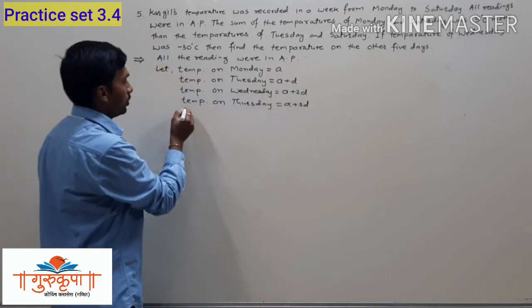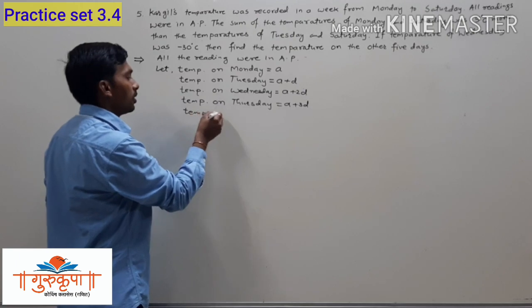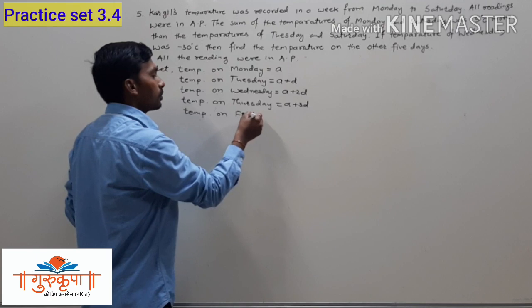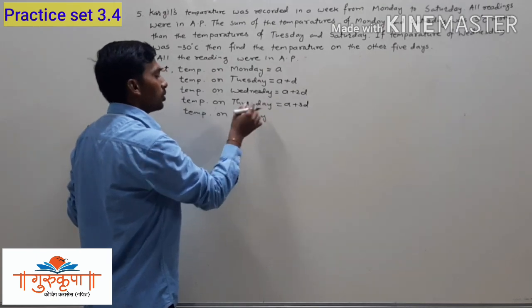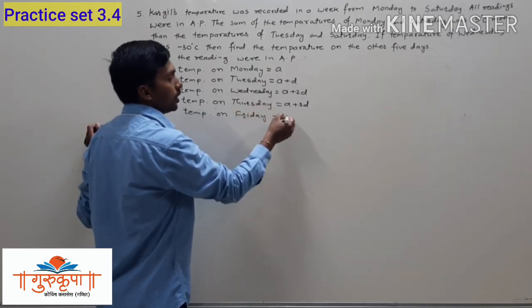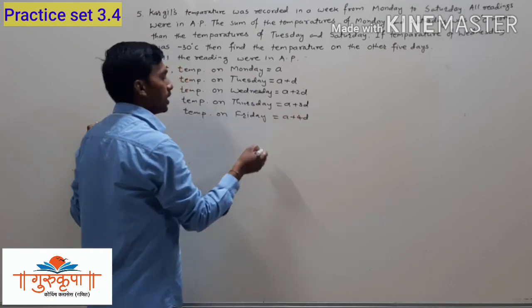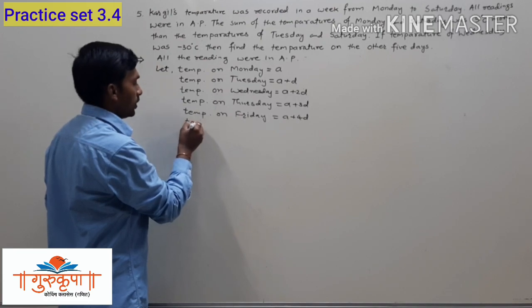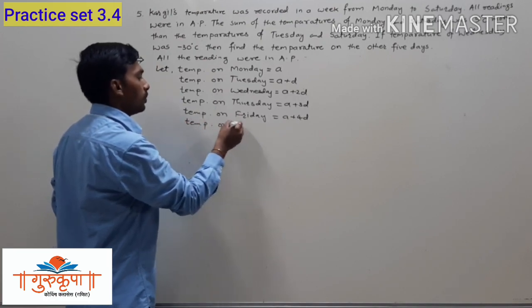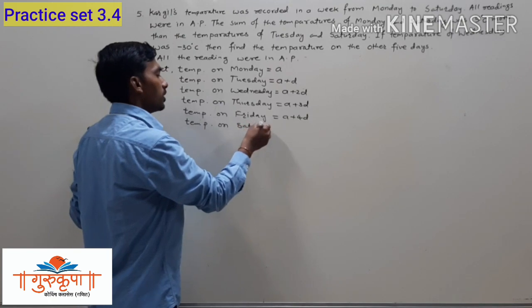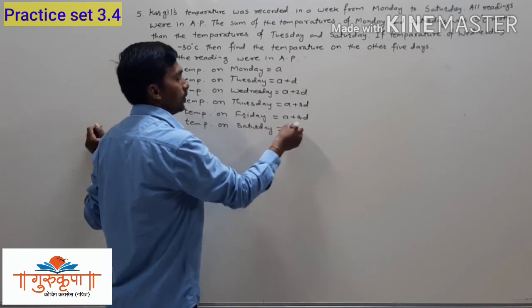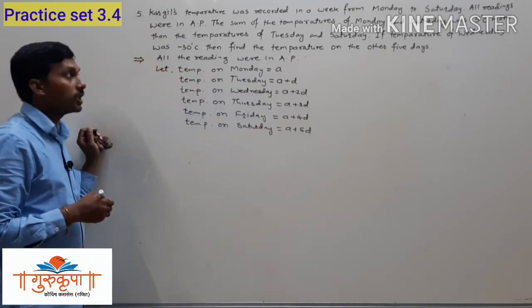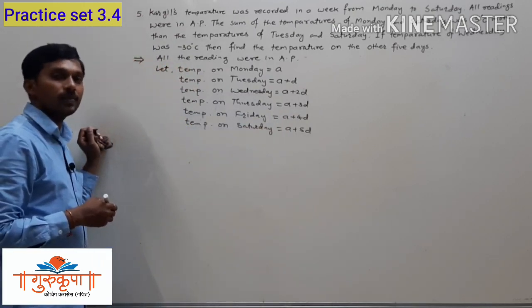Temperature on Friday is A plus 4D. And the temperature on Saturday is A plus 5D. So these are the readings which are in AP.